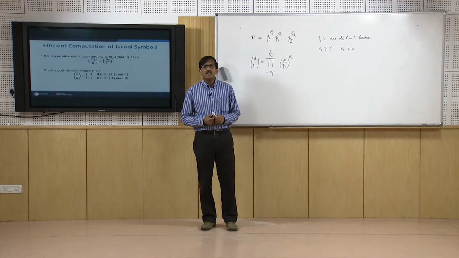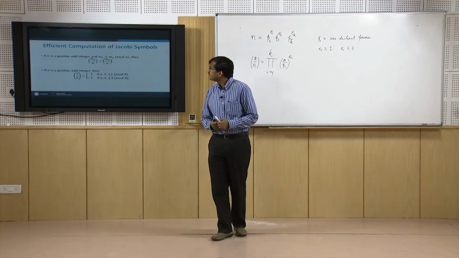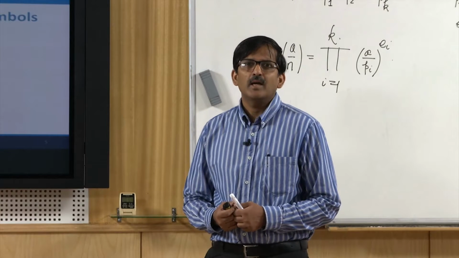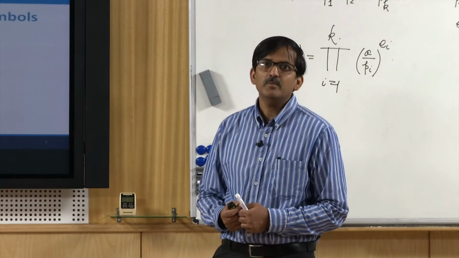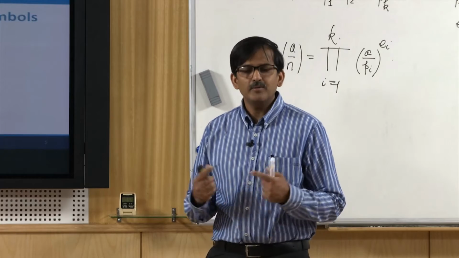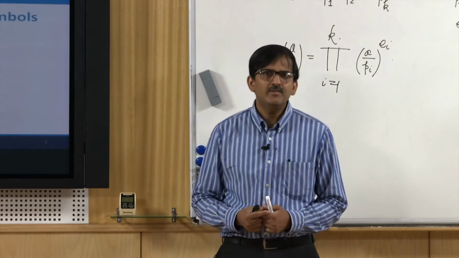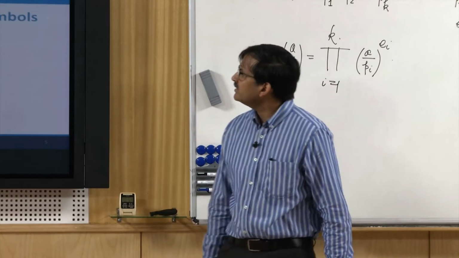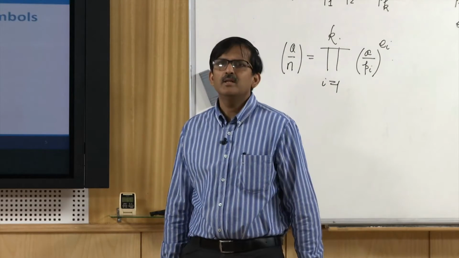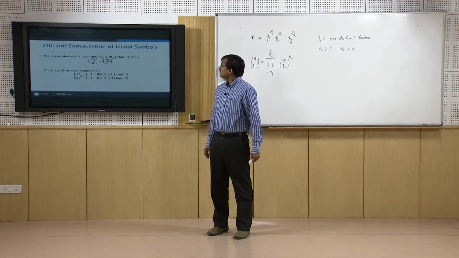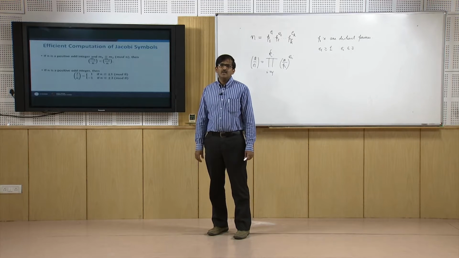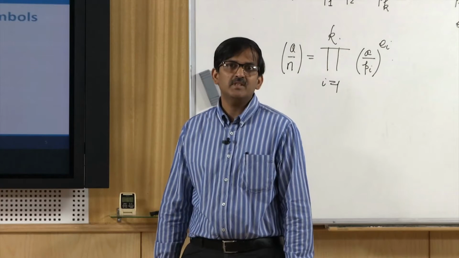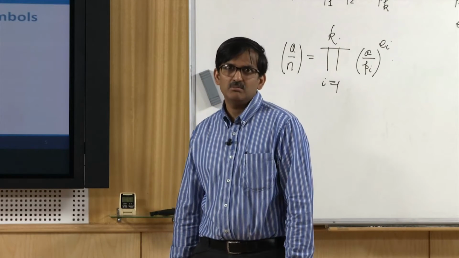In order to do that, we will study some properties of Jacobi symbols, and in these lectures we will not be able to prove them, but we have to remember them, and they are not very difficult to remember. In fact, the first property is rather reasonable, and we have also talked about it in the last lecture when we were studying Legendre symbols.